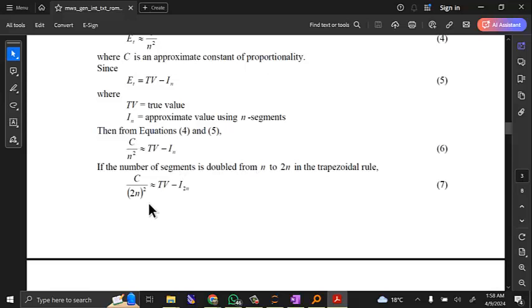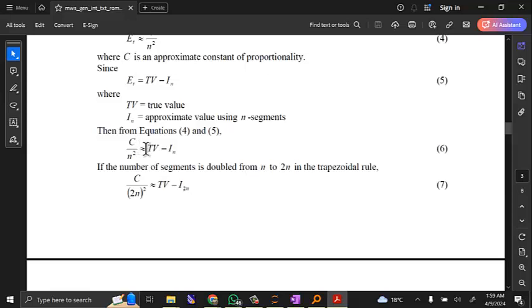All right. Now, what you've got here is two equations, and what you want is TV, the true value. You know I_n and I_2n, and you know n and n squared. You don't know c. All right. So you can use these two equations to eliminate the c, and solve for TV.